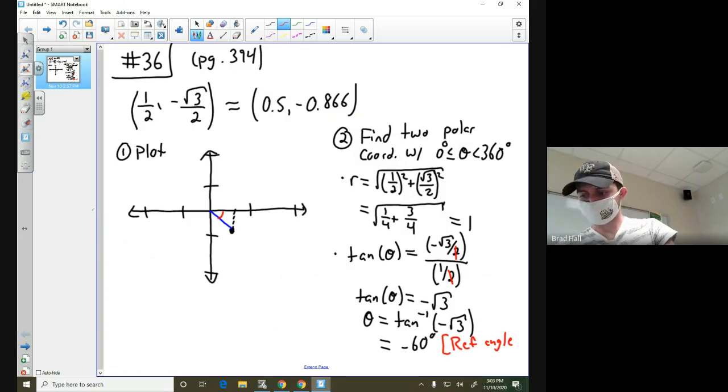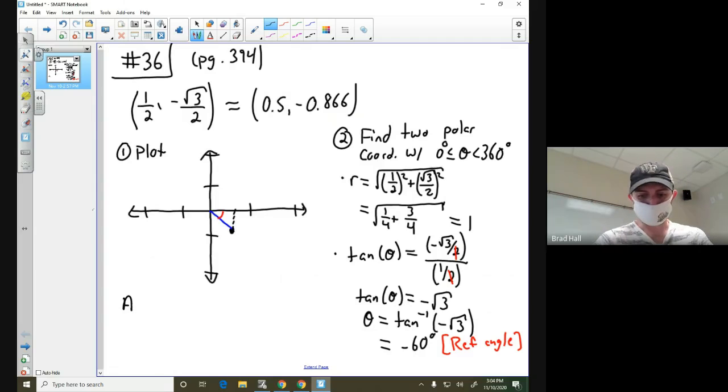It does not give us the final answer because the rectangular coordinate is in quadrant 4, and we need an angle that lands in quadrant 4 as well and is within the requisite range of values. So really, we don't want negative 60, which is technically in quadrant 4. We want its coterminal equivalent.